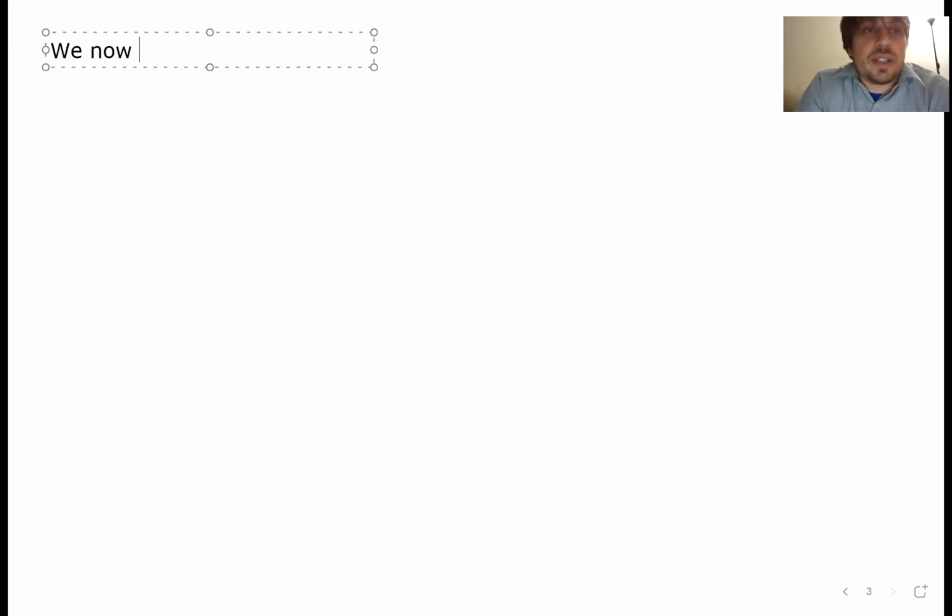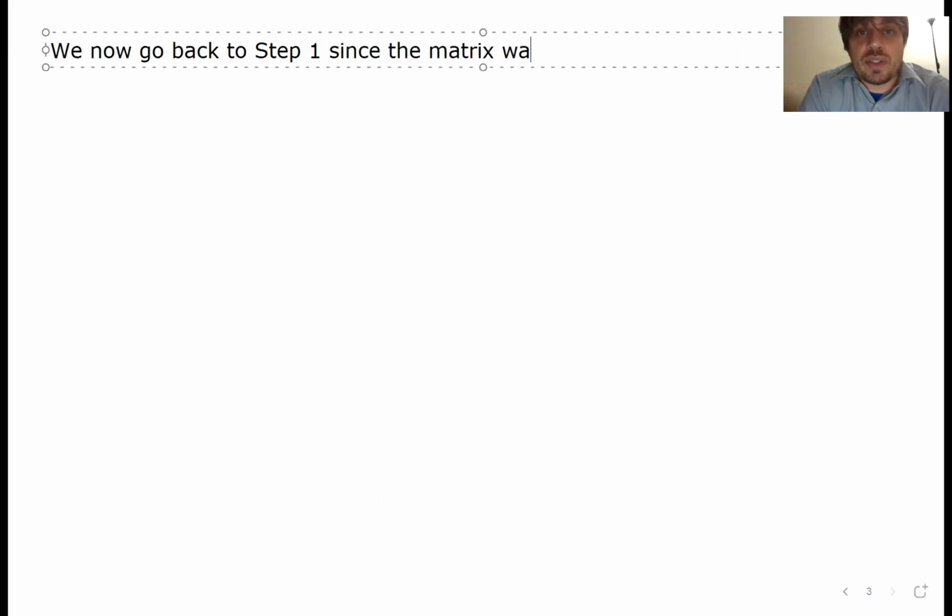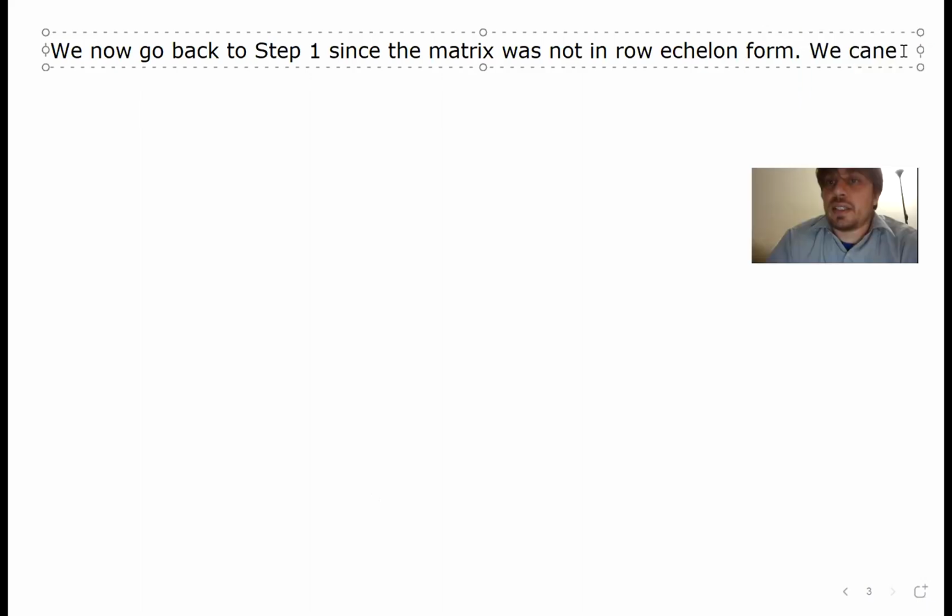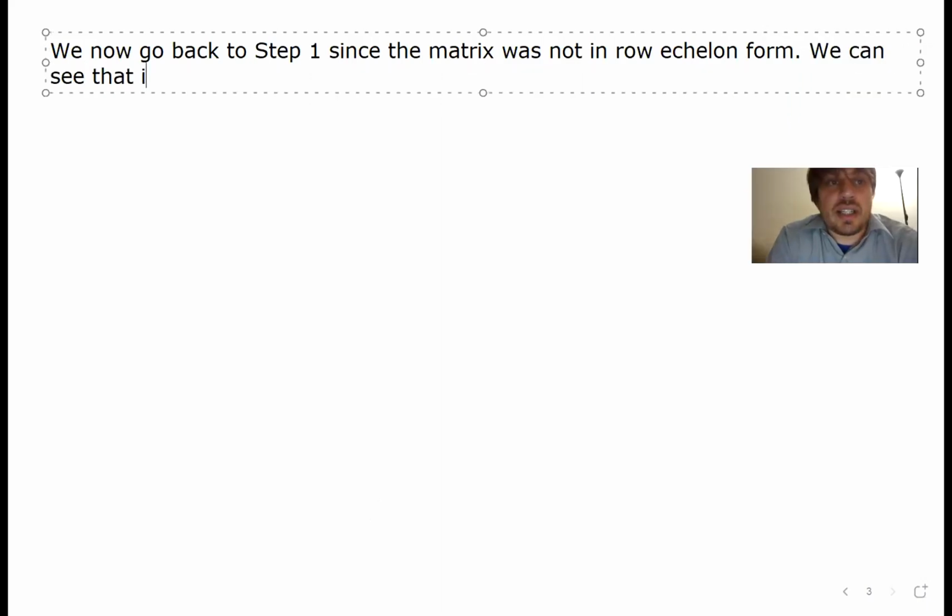Okay, so we now go back to step 1 since the matrix was not in row echelon form. We can see that it is not in row echelon form since it fails the first property.